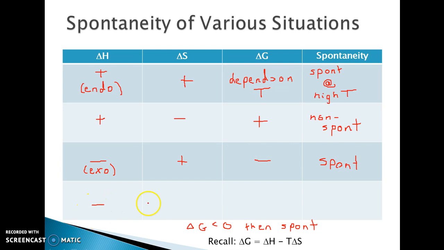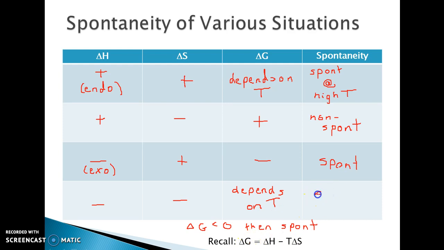If we have something that's exothermic and has a negative delta S, then again, this is going to depend on temperature, whether it's positive or negative. And in this case, if this is negative, and then this is negative as well, if this term becomes too large, then delta G would become positive.